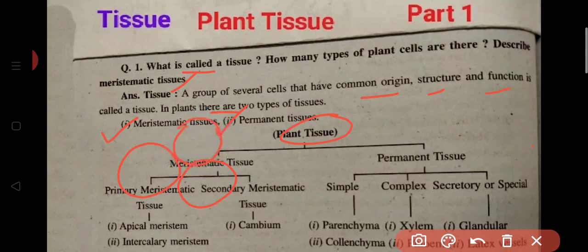They do not have any intercellular space. The cells have a big nucleus and dense cytoplasm, and they have comparatively few vacuoles or no vacuoles.